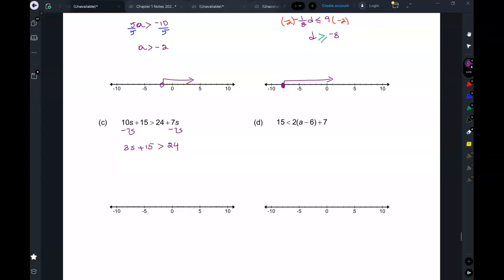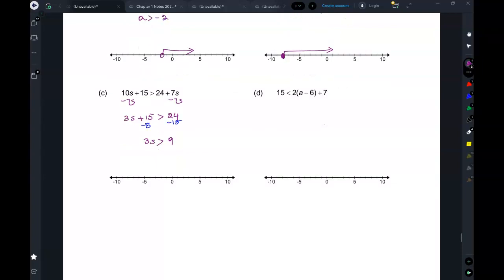And some of you might be able to combine two steps in one, and that's fine. But I'm just going to take it slow. Minus 15, minus 15. So 3s is greater than how much? 9. Divide by 3, divide by 3. S is greater than how much? Yes.